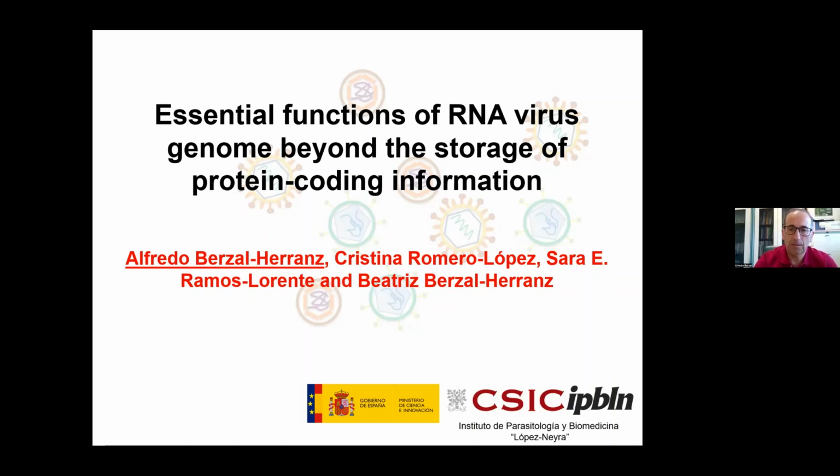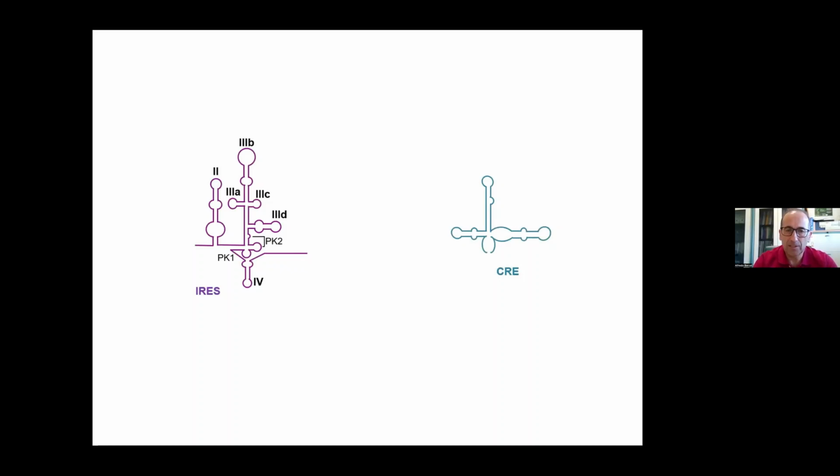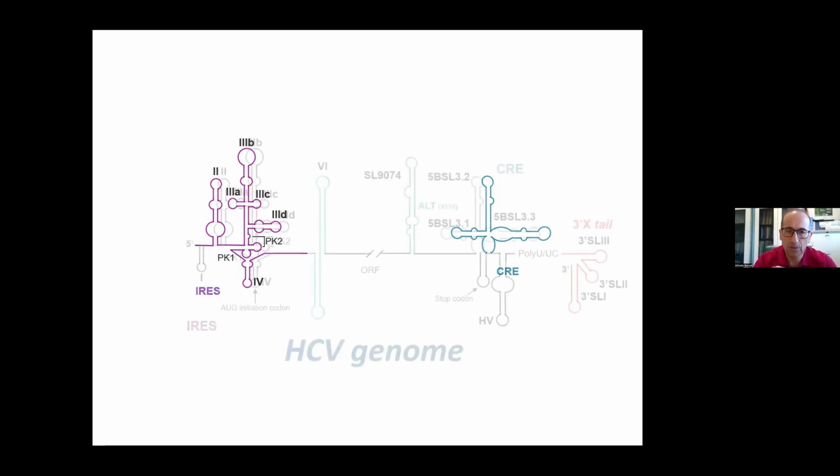Thus, viral RNA genomes are composed of discrete RNA structural units that store important genetic information for the virus. They are universally conserved among different isolates of the same virus. These discrete structural units can be grouped in complex folded structural domains that are responsible for the essential functions of the virus.